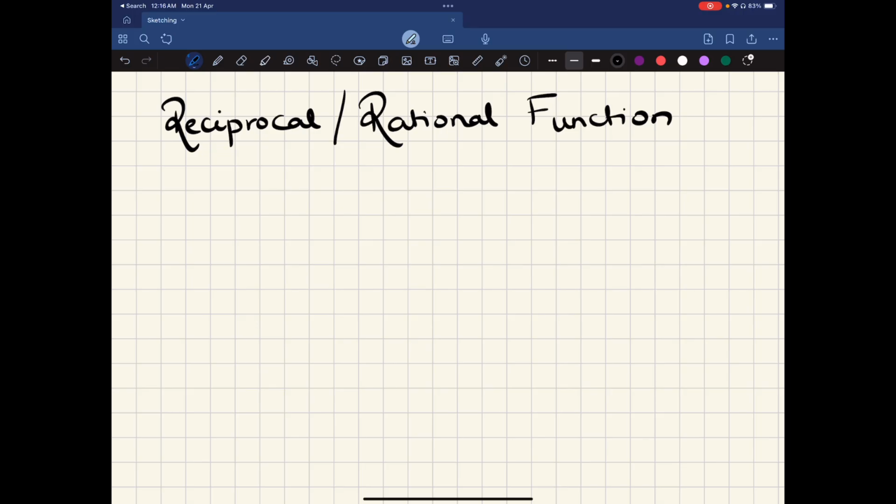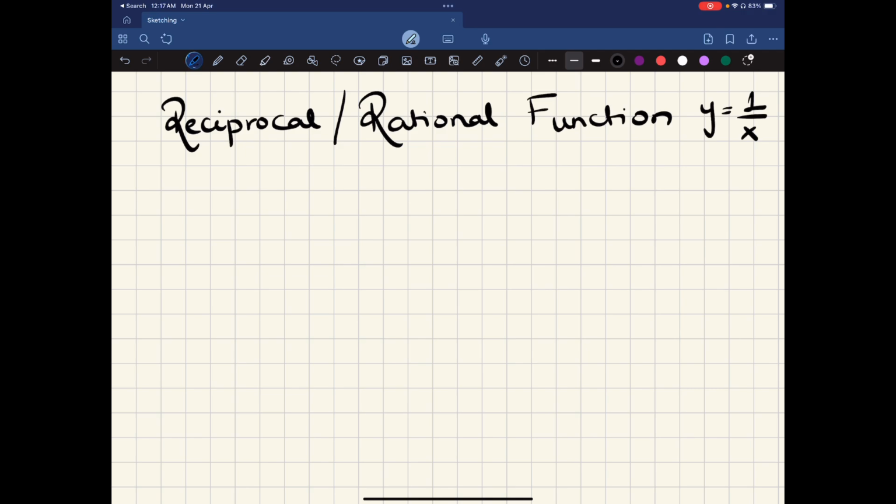What are reciprocal functions? What does reciprocate mean? When you divide by 1, right? Or you basically swap the numerator and the denominator when you reciprocate something. Similarly, the most basic form of reciprocal function is y is equal to 1 over x.